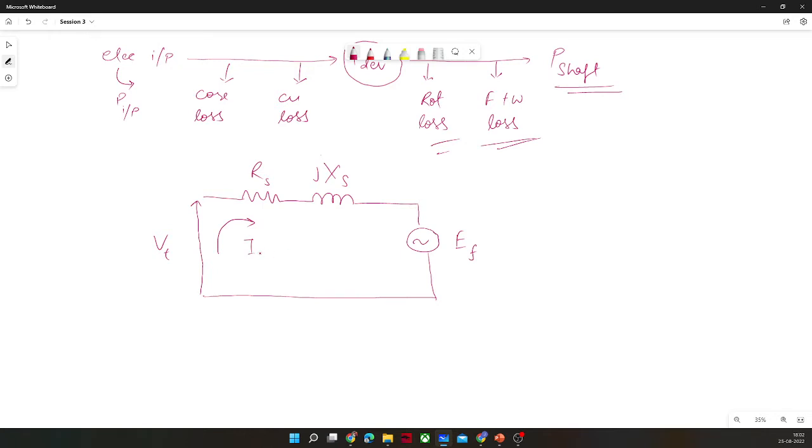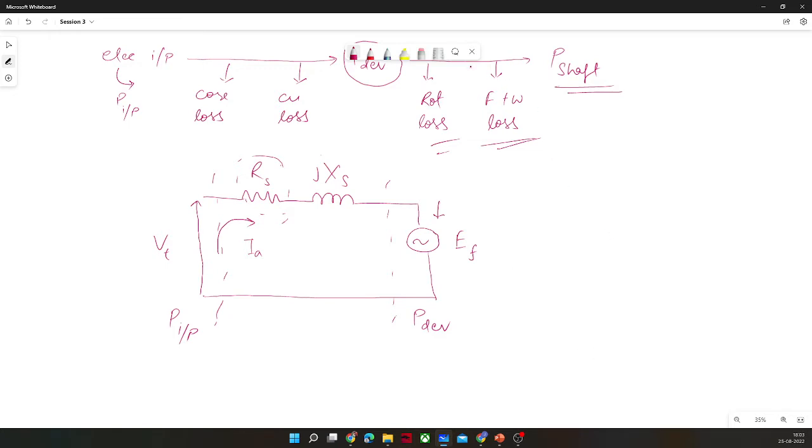So, this would be IA, and here current would enter, and this is the terminal where power is going into the motor. Losses would appear across this RS, and this is our synchronous reactance.